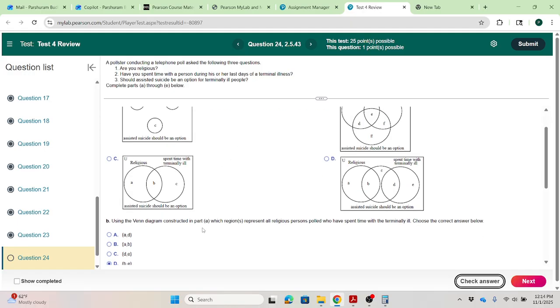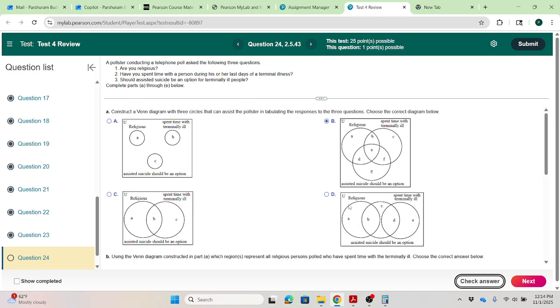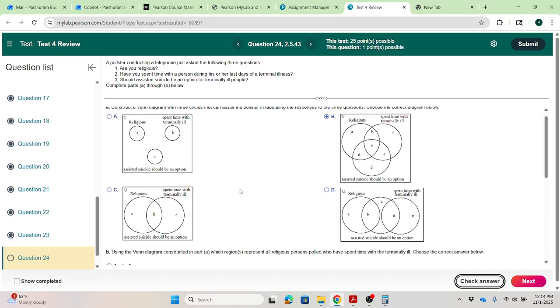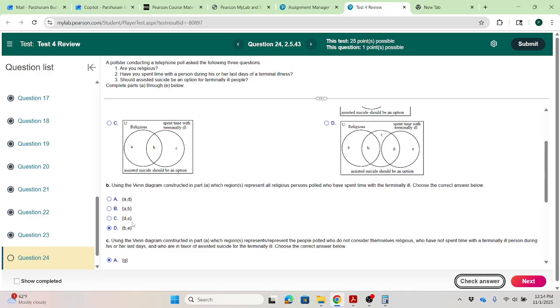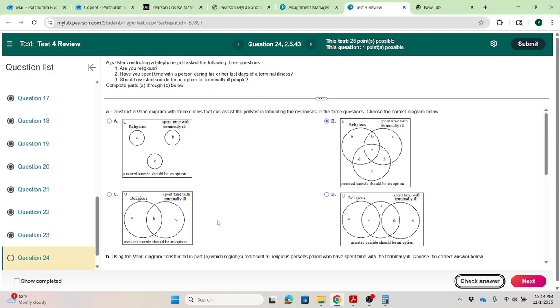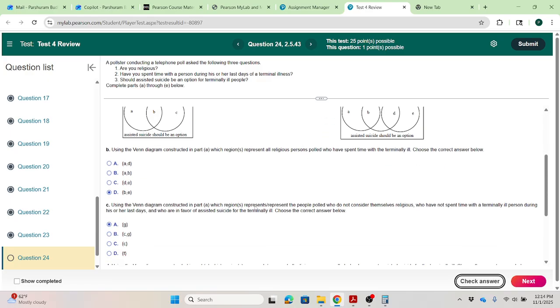Using the Venn diagram constructed in part A, which region represents all religious persons polled who have spent time with the terminally ill? So that is all religious persons who spent time with the terminally ill. So that is B only. B, terminally ill. Spend time with the terminally ill. B and E. Right? B and E. That's right.